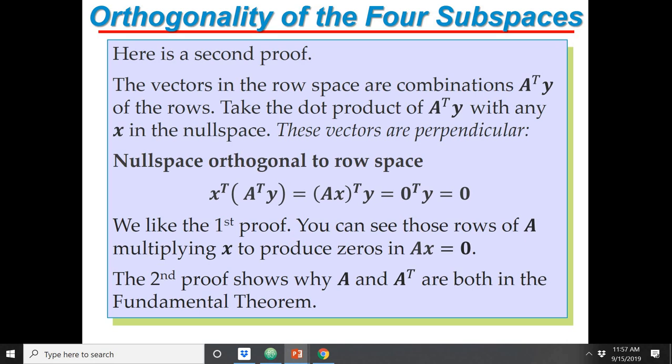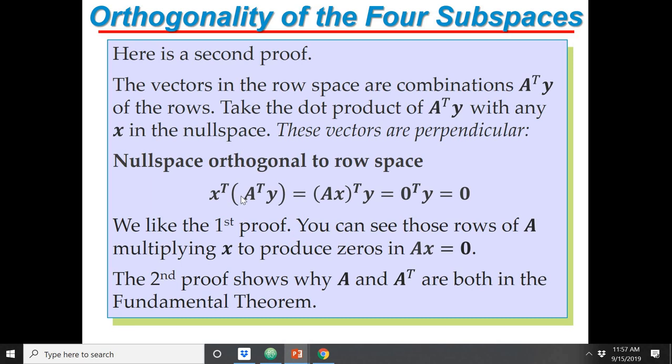A product of a matrix with a vector gives you a combination of the columns. Now the rows of A have become columns of A transpose, so A transpose Y gives you combinations of the rows. So literally we need to prove that the inner product of X with A transpose Y equal to 0.